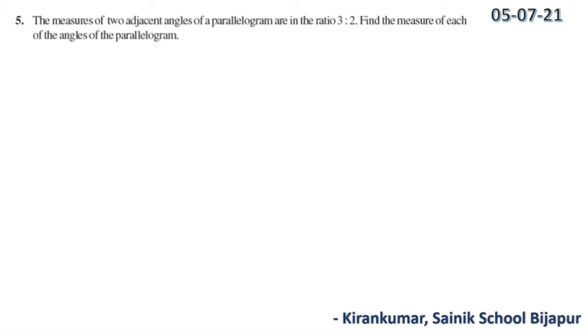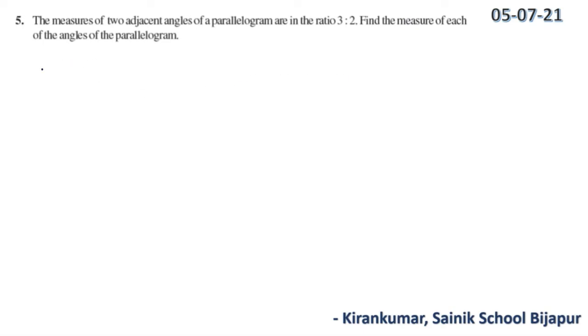The measure of two adjacent angles of a parallelogram are in the ratio 3:2. Find the measure of each of the angles of the parallelogram. Whenever they give sides and angles in a particular ratio, we have to consider them along with x. Here they have given that adjacent angles are in the ratio 3:2.